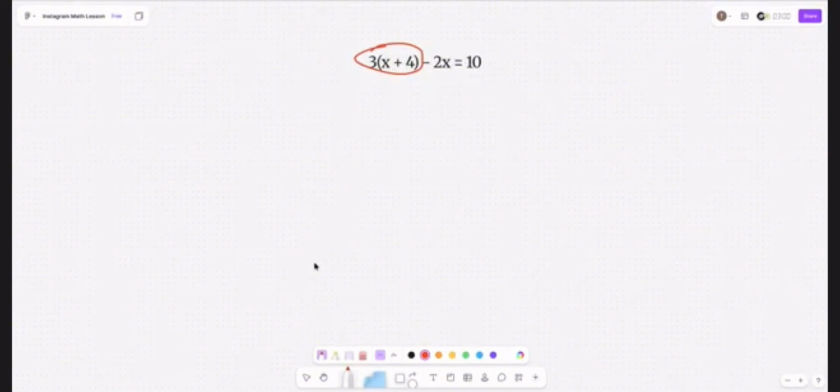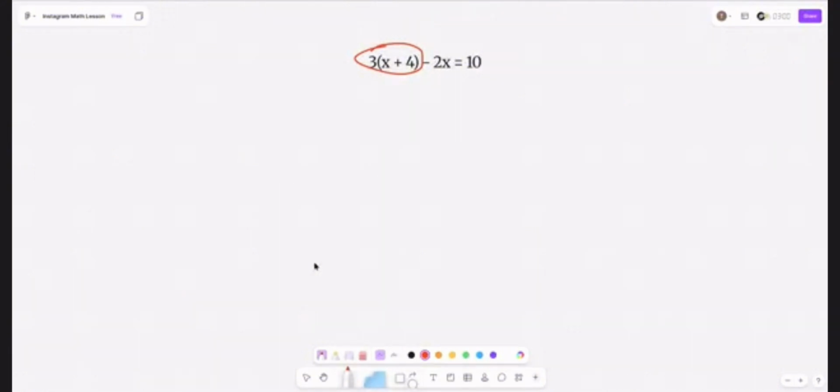But basically, we're going to use the distributive property. The distributive property is just that everything within the parentheses is getting multiplied by the outside number. Even if you broke apart this expression, you're still going to get everything multiplied by 3.